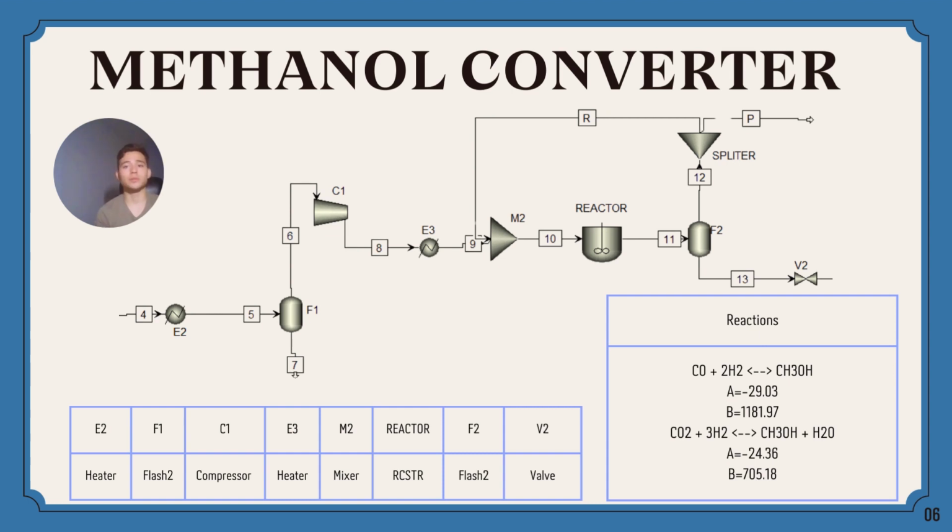We can also use this type of reactor when we know the kinetics with the kinetics factors. In this case, we don't, but we know the equilibrium. My partner Uwe is going to explain the rest of the process.